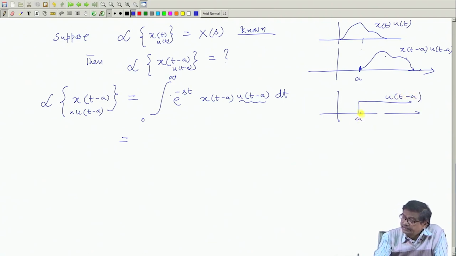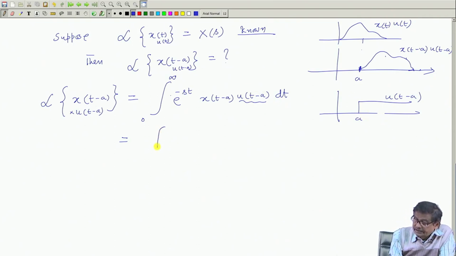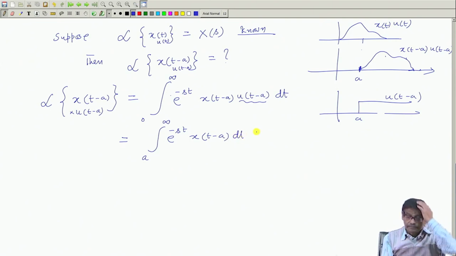So, for t less than a, this is 0. For t greater than a, this will become 1. So, this integration will then be from a to infinity of e to the power minus st into x(t minus a) dt. Clear?